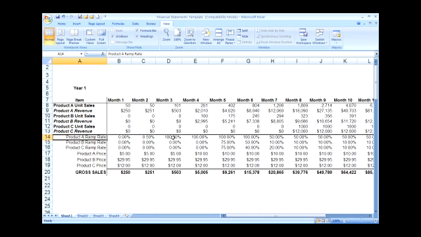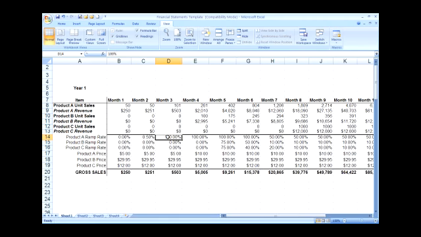And as you can see, it's a percentage of the prior month's sales. So I'm saying that from month one to month two, I'm only going to increase my sales by 0.5%. And then, because now I'm starting to get some real traction in the marketplace, and because my products are somewhat seasonal, suddenly during month three, I'm going to have a 100% spike in my sales from the prior month.